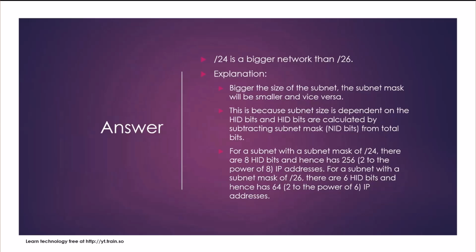This is because the subnet size is dependent on the HID bits, and HID bits are calculated by subtracting subnet mask from the total bits. For a subnet with a subnet mask of /24, there are 8 HID bits and hence 256 IP addresses. For a subnet with a subnet mask of /26, there are 6 HID bits and hence has 64 IP addresses.